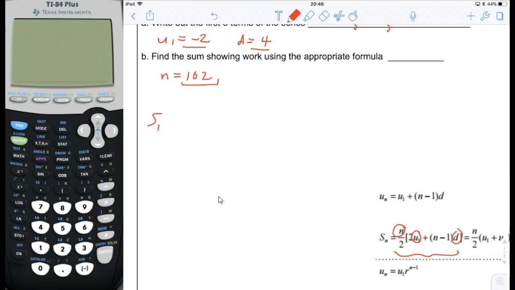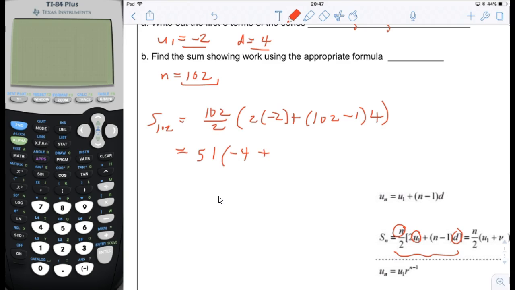So we're going to have 102 divided by 2 times 2 times u1, negative 2, plus n minus 1, so that would be 102 minus 1 times d, which is 4. So that's equal to 51 times negative 4 plus 101 times 4. Oops, 101 times 4, not 100 times 4.